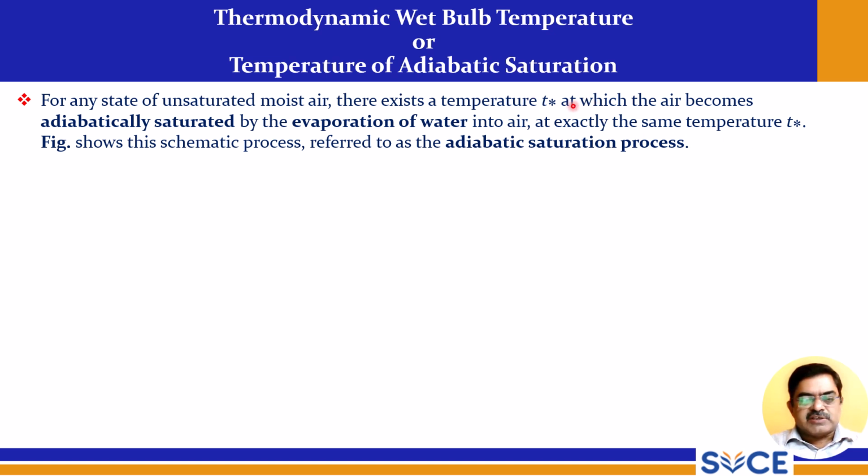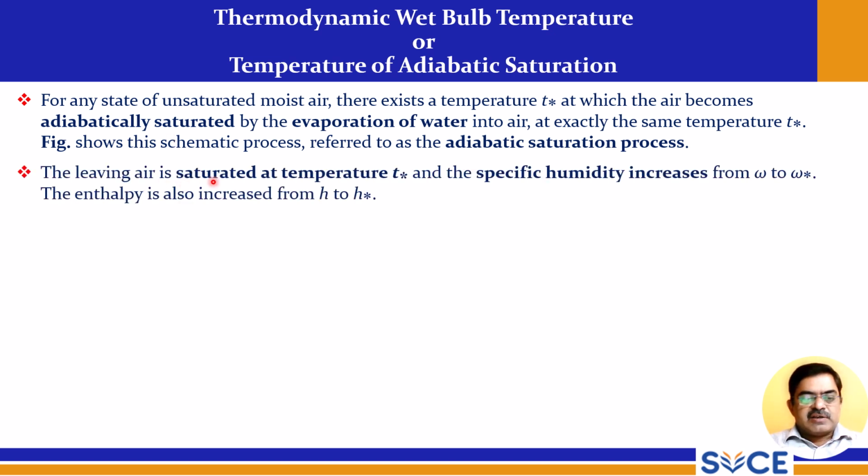So without changing T star, it is happening at T star itself, and the figure shows the schematic process. I will show you the diagram. It is referred to as the adiabatic saturation process, and whatever may be the title or name, you have to be a little careful.